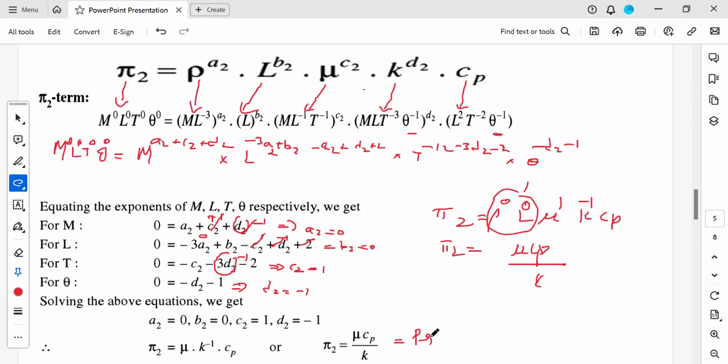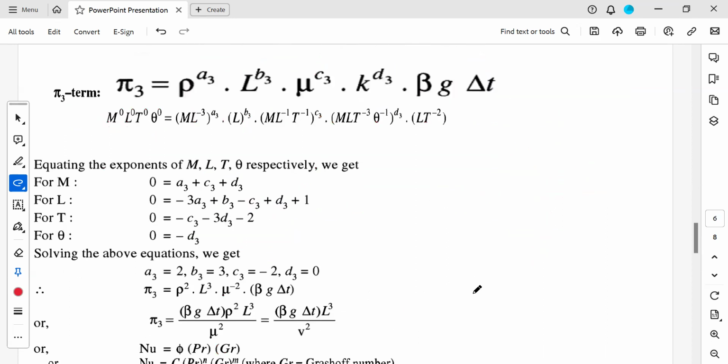And we will go to the last term, that is the pi 3 term. Consider the pi 3 term and apply dimensional homogeneity. Pi 3 dimensions are M^0, L^0, T^0, Theta^0, and dimensions of rho will be this one, dimensions of l will be this one, dimensions of mu will be this one, dimensions of k, and dimensions of beta g delta T will be L T^(-2) only.